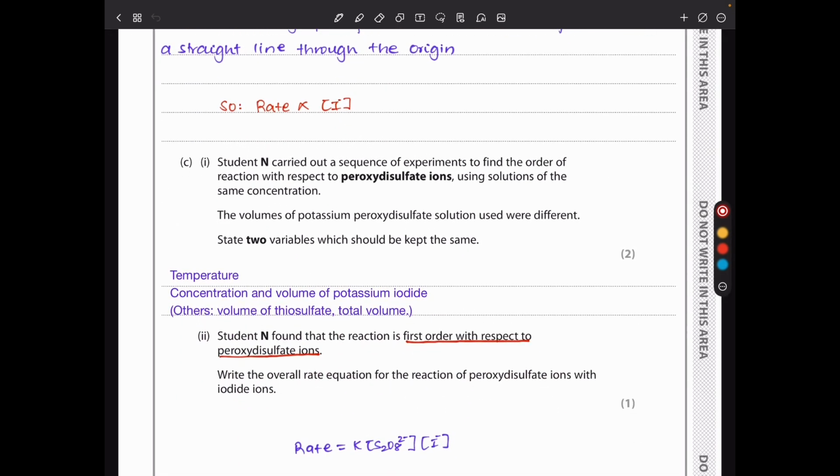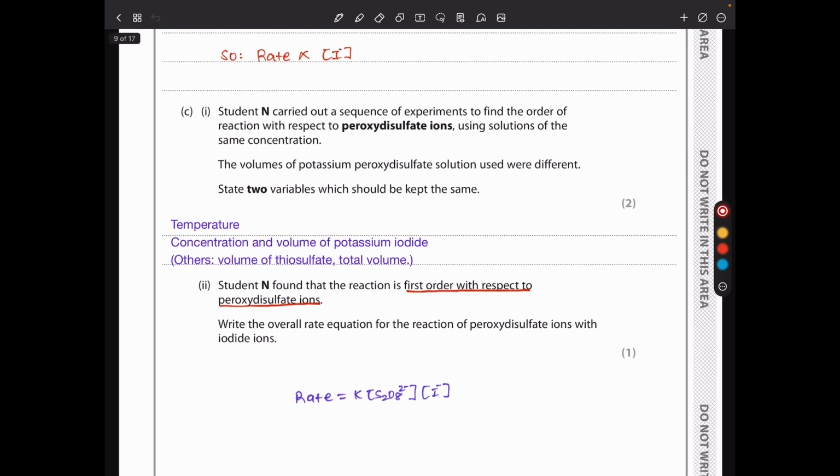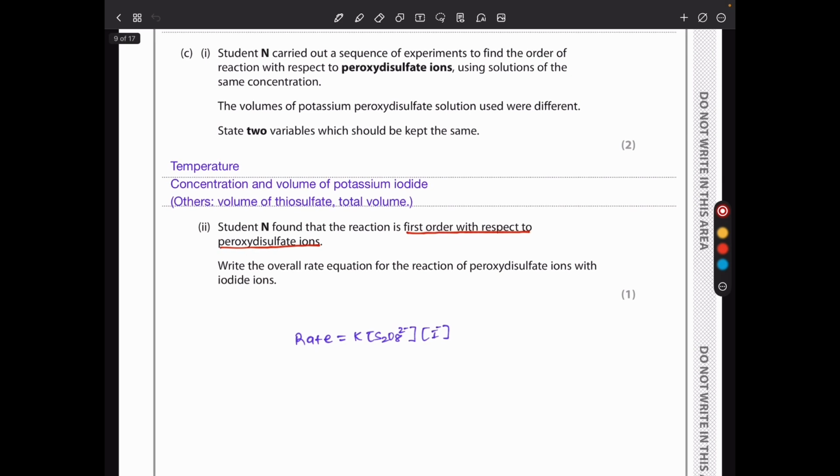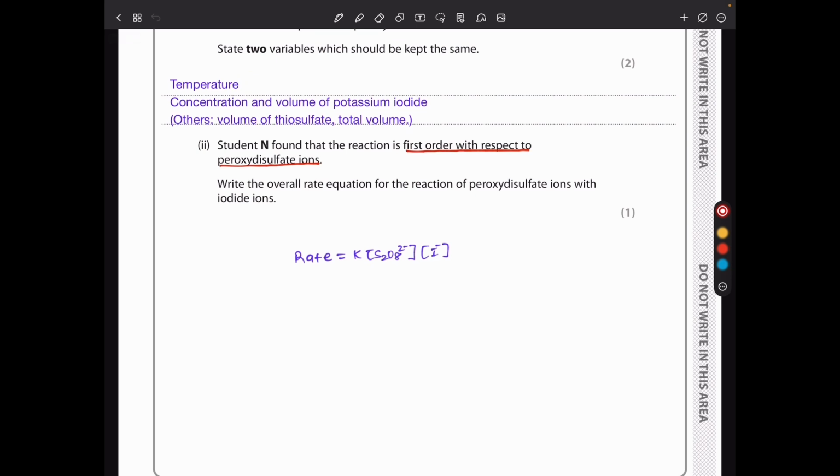Then they say student N carried out a sequence of experiments to find the order of reaction with respect to peroxydisulfate ions. Using solution of the same concentration, the volumes of potassium peroxydisulfate solution used were different. State the two variables that should be kept the same. This should be temperature, it could be concentration, as well as the volume of potassium iodide. Others could be the total volume, the volume of thiosulfate, and so on.